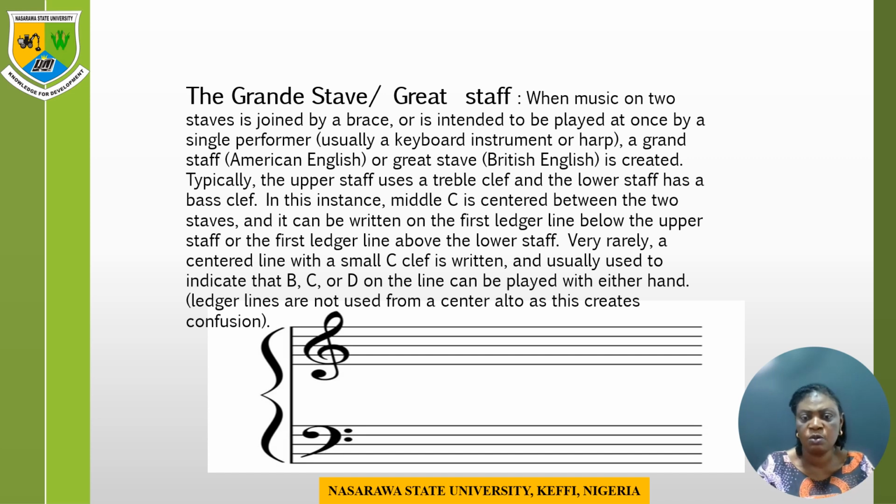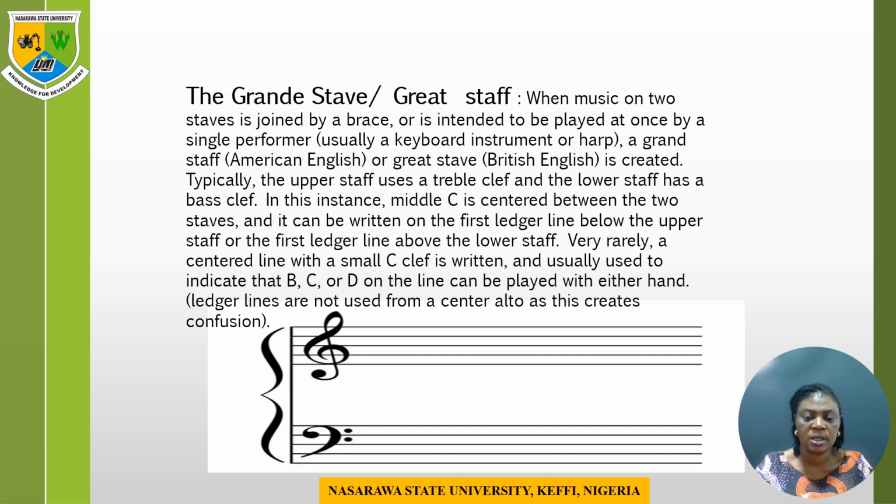In this instance, middle C is centered between the 2 staves and it can be written on the first ledger line below the upper staff or the first ledger line above the lower staff. That is in the middle. Very rarely a centered line with a small c clef is written.